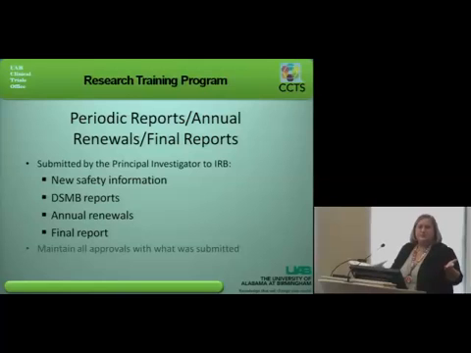So you need to make sure that during the course of the study you're documenting what version of the protocol was approved at the time. You also need to make sure your consent forms have the current version date of that protocol on them, so that you'll know at what point during the study you had the correct protocol version approval.